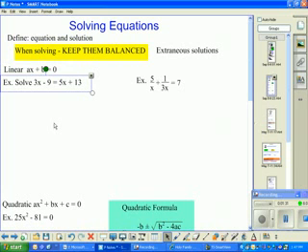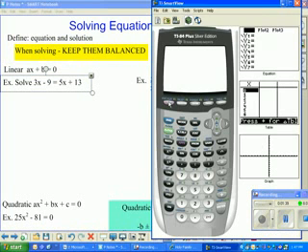Our first example, we have to solve 3x minus 9 equals 5x plus 13. I want to quickly show you, because we do have an option with this, to see it as two separate linear equations. So I could enter 3x minus 9 and 5x plus 13 on our calculator and graph those, and the two lines are going to appear.